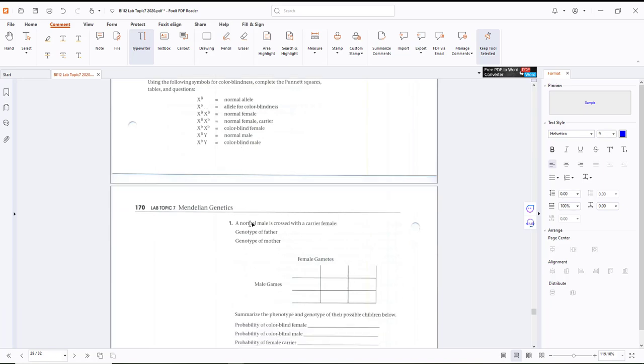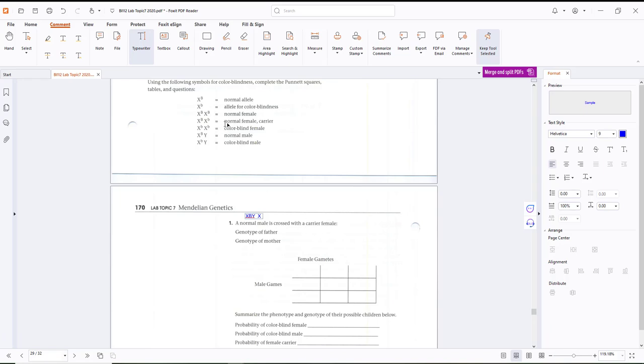Okay, so a normal male, so the normal male is X, and I'm gonna remove the caret, by the way, so I'm just gonna do XB, and then a Y. So imagine the X is way up there, okay? So he's normal, so he's got an X big B Y, and then I'm crossing him with the carrier female.